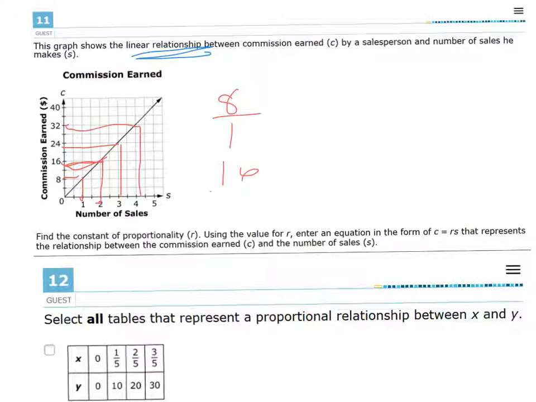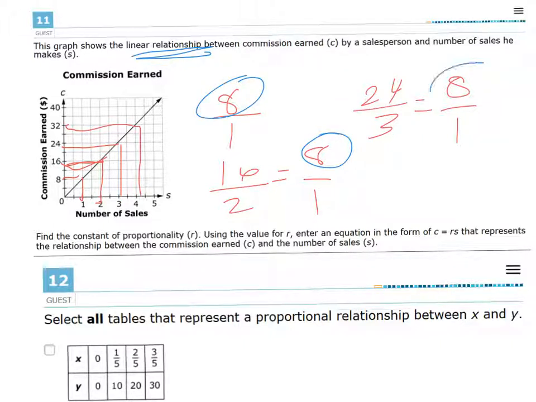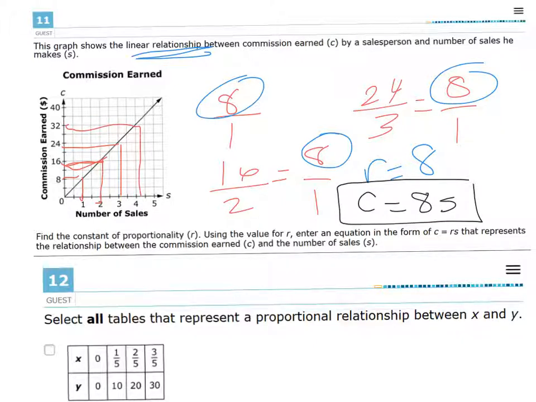Then it goes 16 over 2, which also reduces to 8 to 1. Then 24 over 3, which reduces to 8 over 1. So we just realized that the constant is this 8. So R is going to equal 8. And when we write our equation, we can simply write it as C equals 8 times S. That would be our equation, because for every sale, it's going to be an $8 commission.